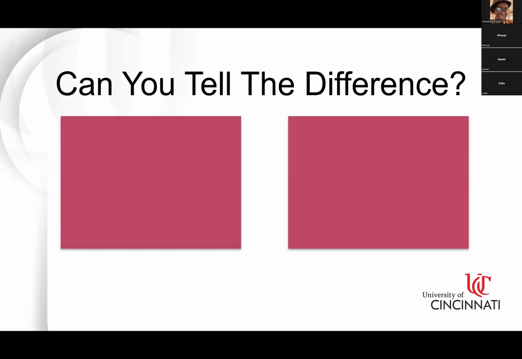Okay, so here's a question. Take a very close look. These are two splotches of color, and it's like a pink color. Do you notice any difference between these two splotches?